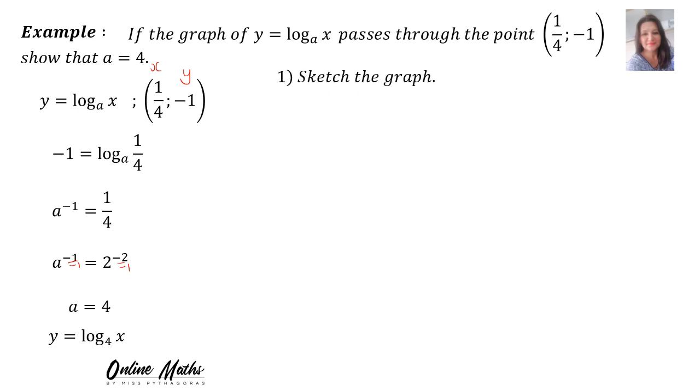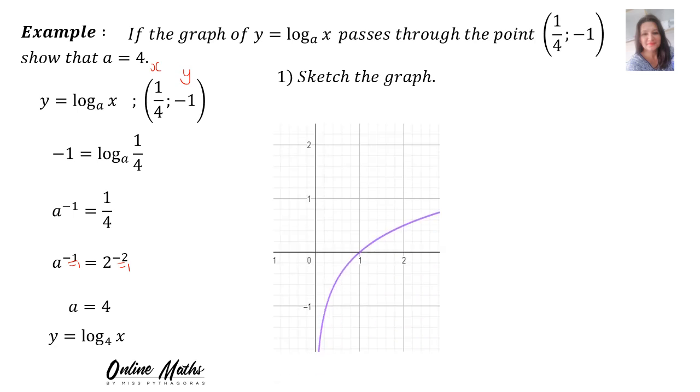Let's sketch the graph. So very important here, can you see where it intercepts with the x-axis? There is an asymptote on the y-axis, and then we can write the equation on the graph, log 4x.